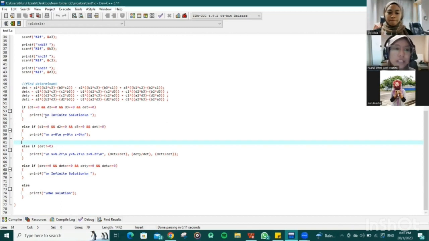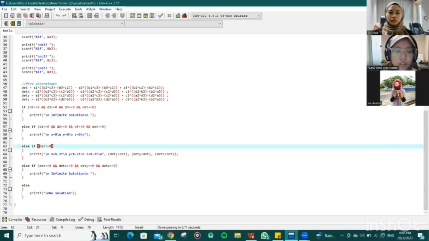For example, if the determinant is equal to 0, it will display infinite solution. If the determinant is not equal to 0, it will calculate determinant x, y, and z, divided by the determinant, so you can get the answer.